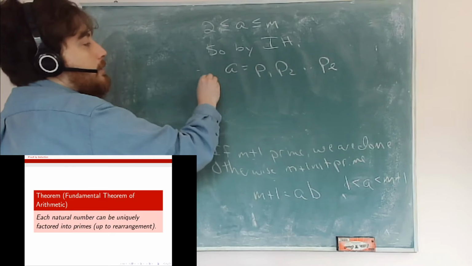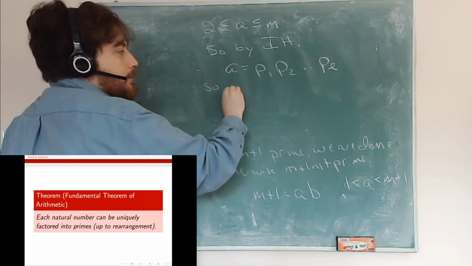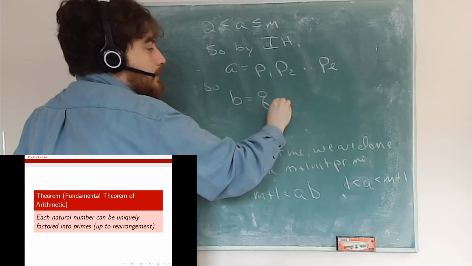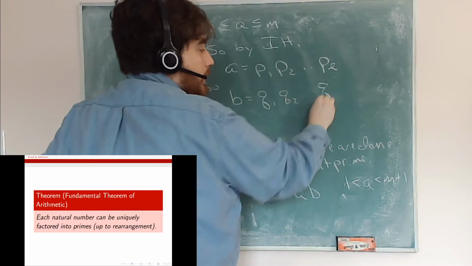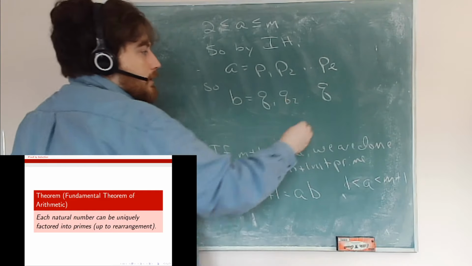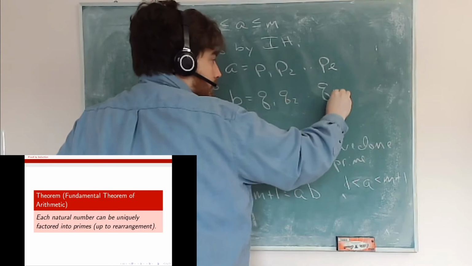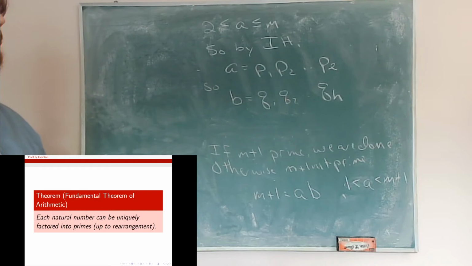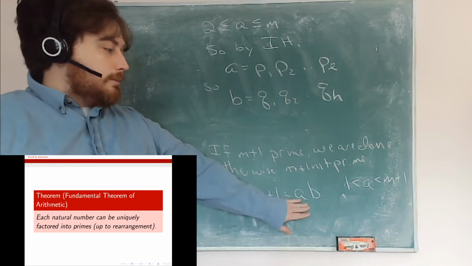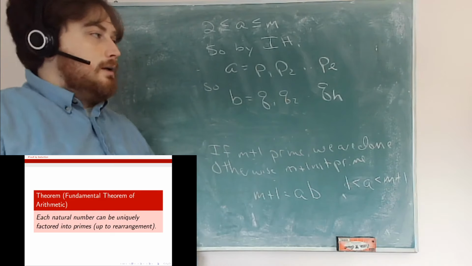So, by our induction hypothesis, b is also equal to the product of primes. Let's say q1, q2, up through q sub, now let's use a letter h. But what we have just done is we've said that m plus 1 can be written as a times b.